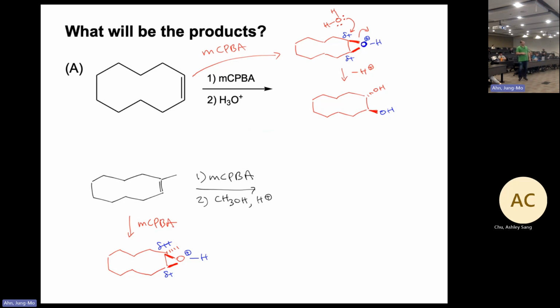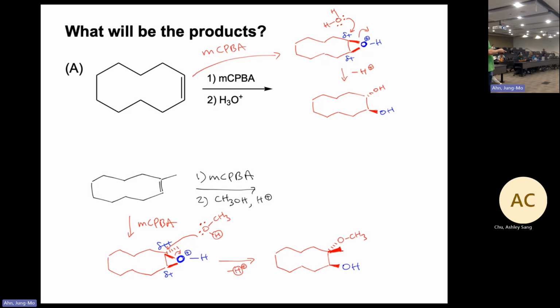But in this case, because they are differently substituted, the more substituted carbon will get more electron deficient, and that's where the nucleophile, which is an alcohol, is going to attack. So the methoxide, coming from the methanol, is going to be sitting on the more substituted carbon, because of the greater electron deficiency that builds on the more substituted side after protonation.